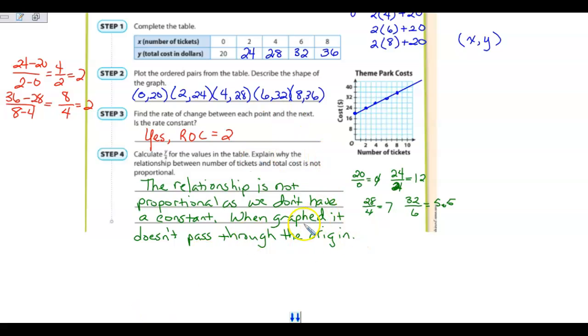Okay, so there's two ways that we can prove that even though this is linear, it is non-proportional. Part 2 will be representing using graphs.